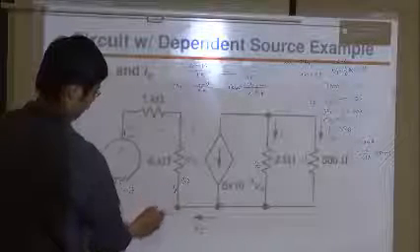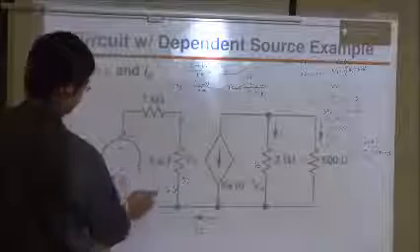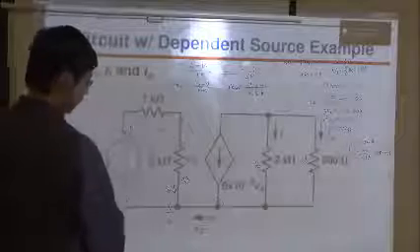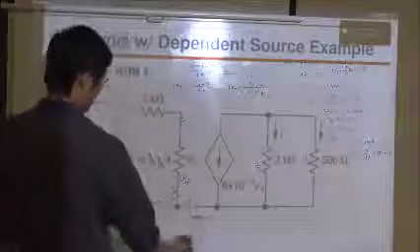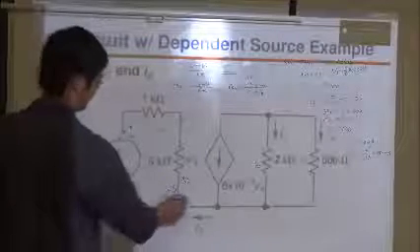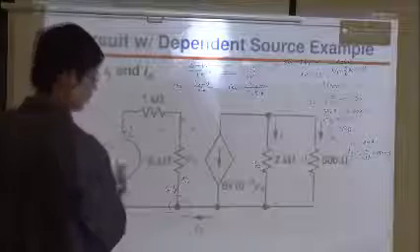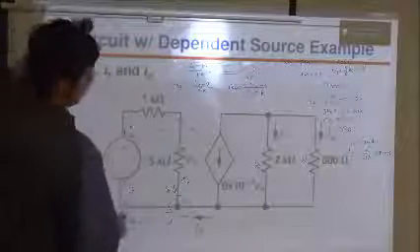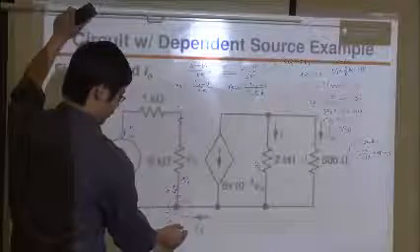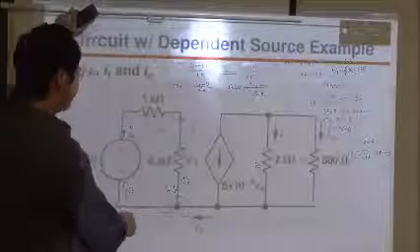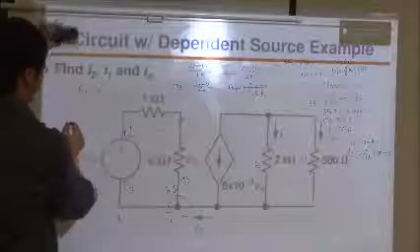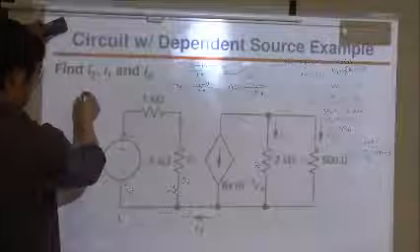So that means at this node, even if it's hooked up by wire, we still can do an analysis of this particular subnode. We'll call it a subnode. So we can still do KCL at this node. You have I2 and Ix, so the current flowing in will be Ix plus I2.